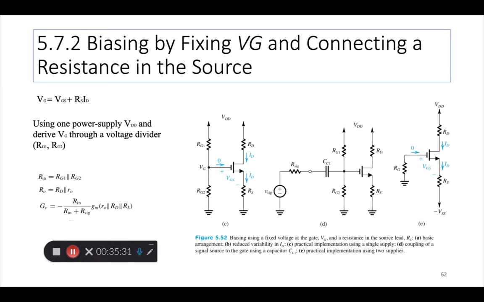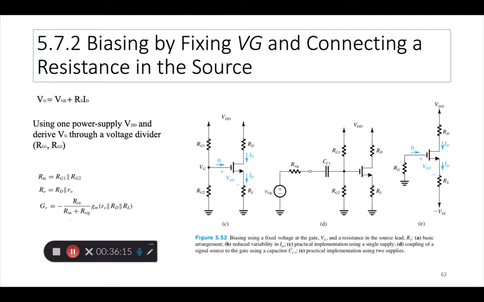Okay. All right. I have on slide 62 a series of drawings, but they all refer to one type of biasing. We have seen a similar type of biasing in the case of the BJT also. So rather than try to provide a fixed voltage at the gate and then have a separate voltage as VDD for operating the rest of the transistor, now we try to work off of one power supply, right?